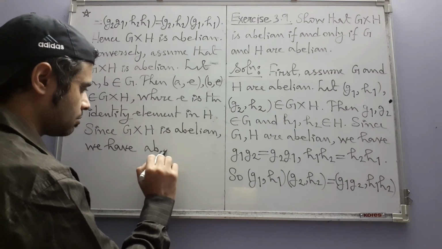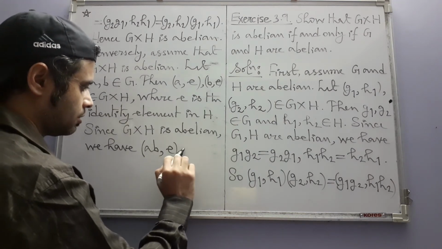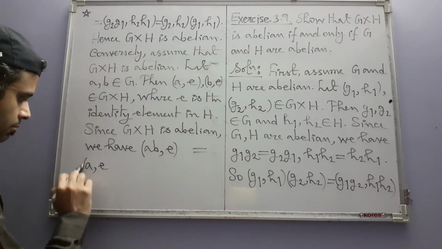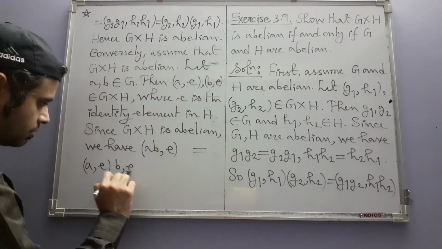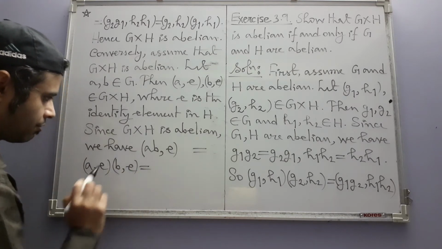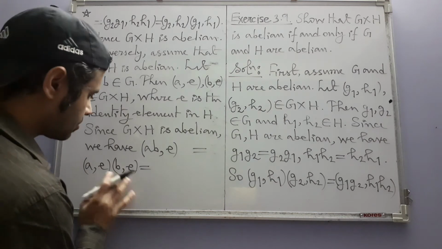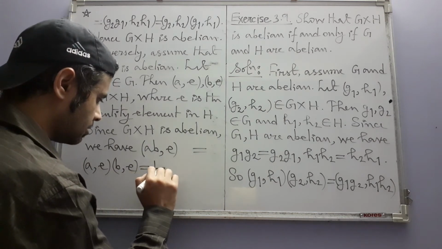(AB, E) equal to (A, E)(B, E). Now the fact that we have assumed this to be abelian allows us to write this product by changing the order.